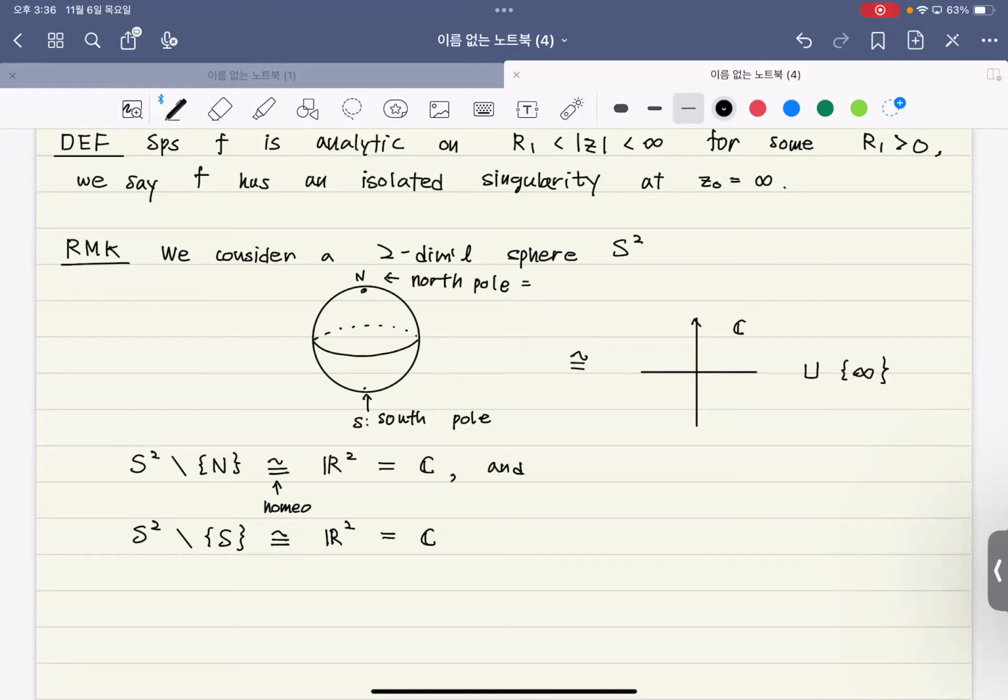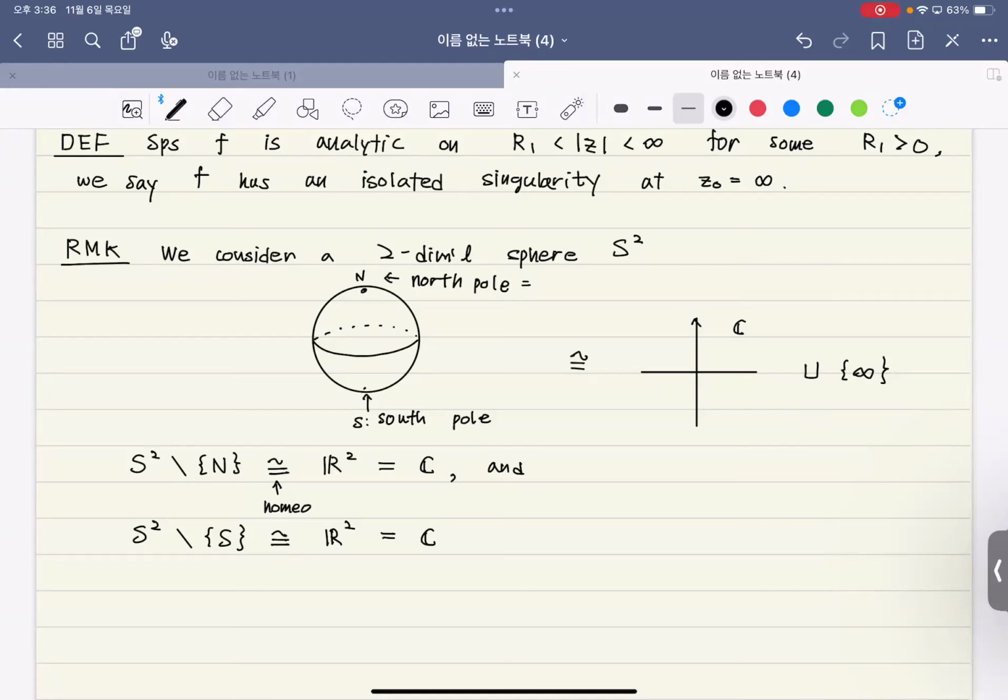You can actually merge these two points together. Actually, I need an operation called one-point compactification, but I'm not that interested. This is obviously out of the scope of this course.